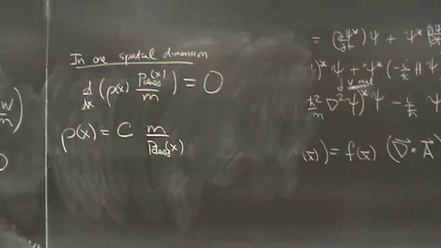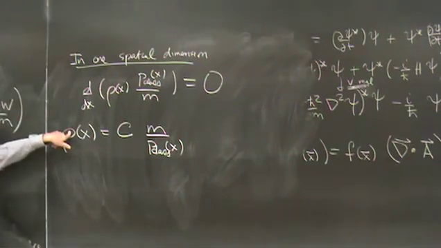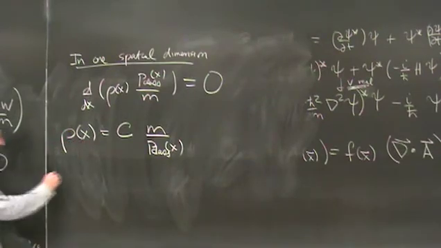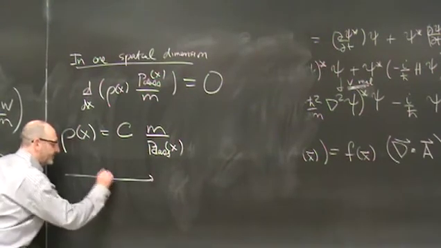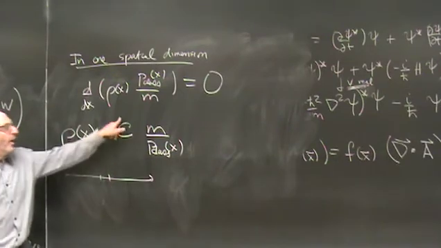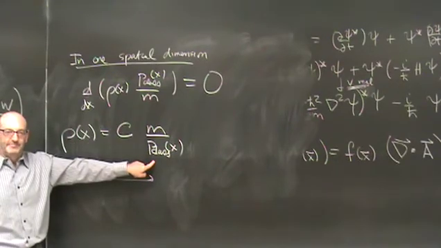Does that make sense in a kind of classical limit? This is saying that in this limit, the probability density to find the particle moving at this position is 1 over its velocity.